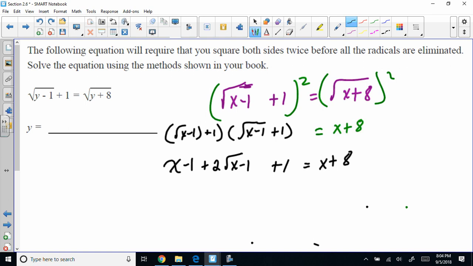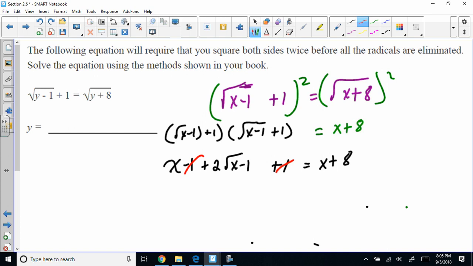You can multiply those two together, and guess what you're going to get? Now, look what happens. That one and that one do what? Good. So those go away.